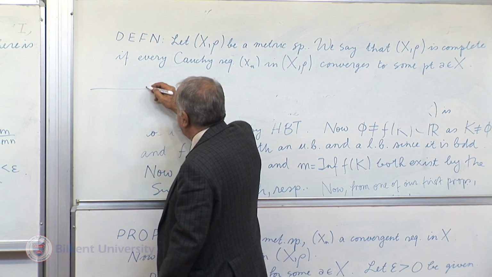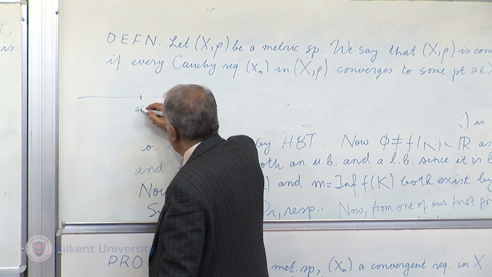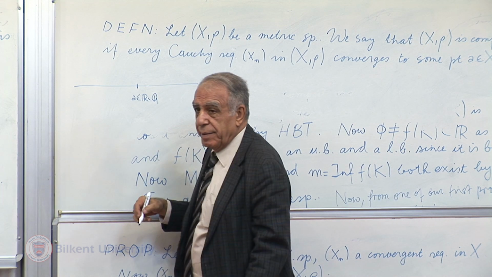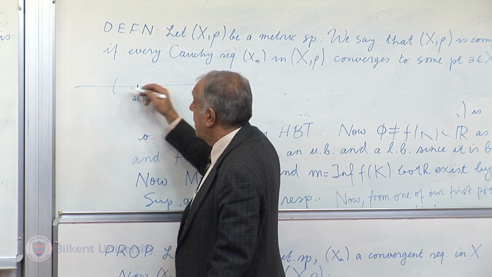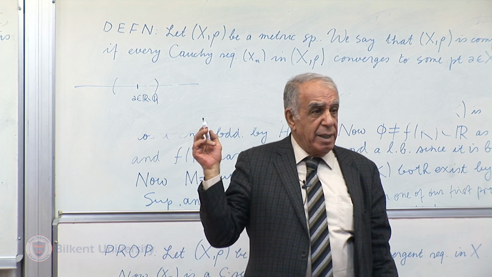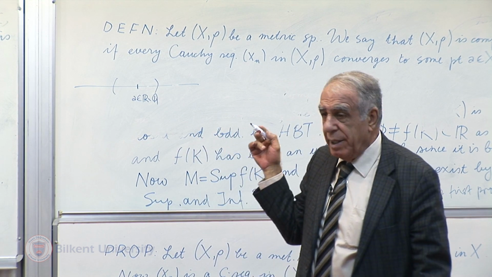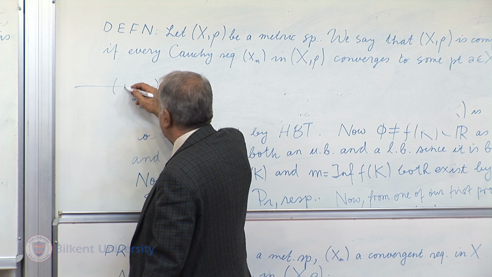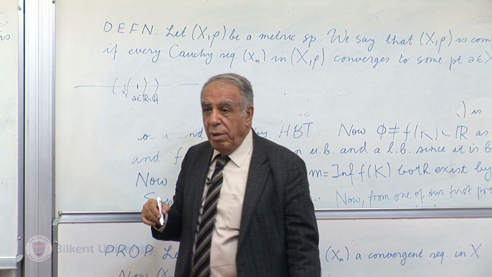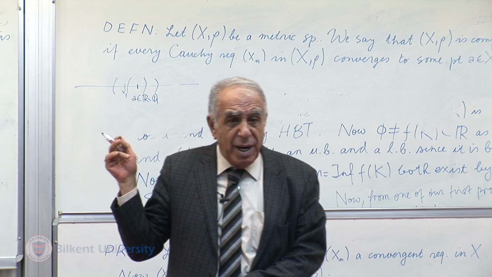Well, take any A in R minus Q. Take a one ball about this. Will this contain a rational number? Yes. Take that, x_1. Then take the 1/2 ball. Will that contain a rational number?